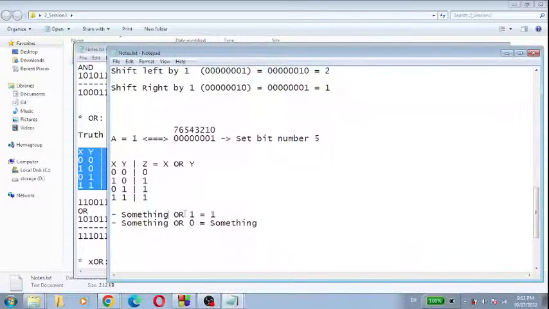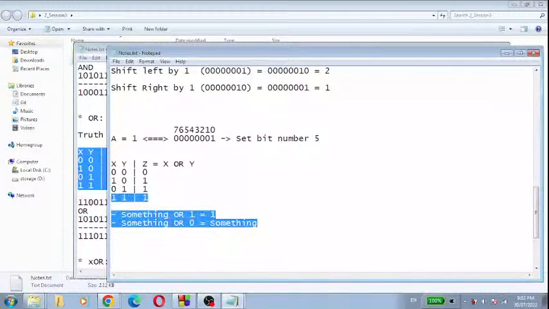But if you have something ORed with 0, like 1 ORed with 0, you are going to get 1, and 0 ORed with 0, you are going to get 0. So literally anything that's ORed with 0, you are going to get the same thing.